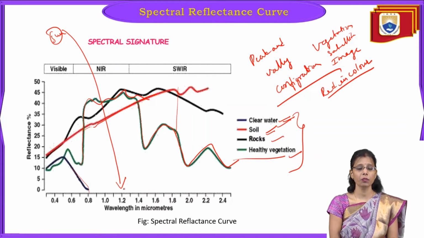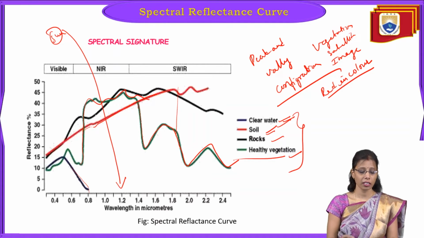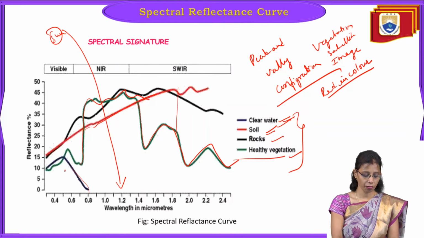So this curve is based on the type of the feature, the type of the object which is present on the Earth's surface. Healthy green vegetation has more peak and valley configuration. You can see there is a lot of peak and valley: here a small peak, again a high peak, again down, up and down, up and down.